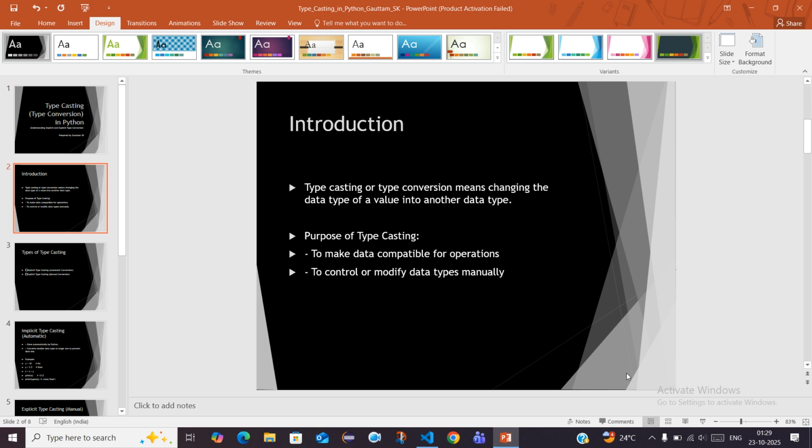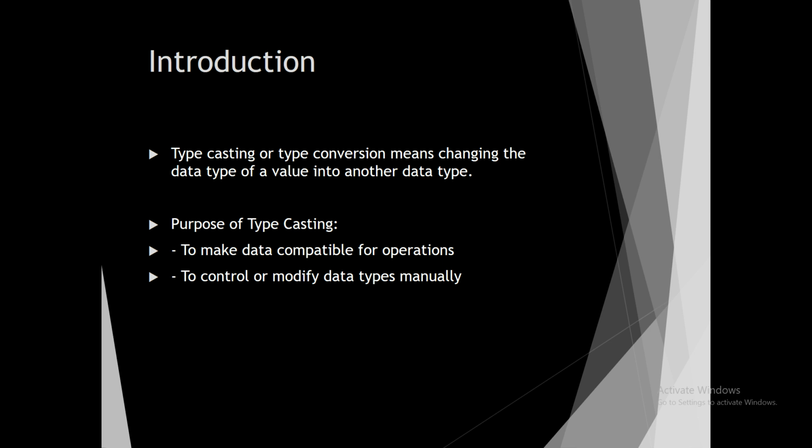What is type casting? Type casting or type conversion means changing the data type of a value into another data type. The purpose of typecasting is to make data compatible for operations, and to control or modify the data types manually.